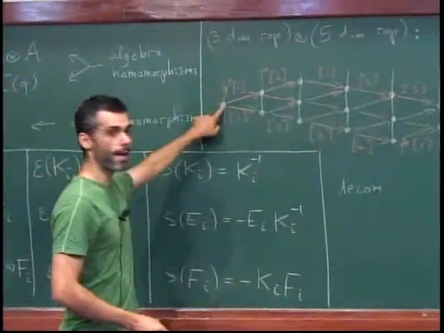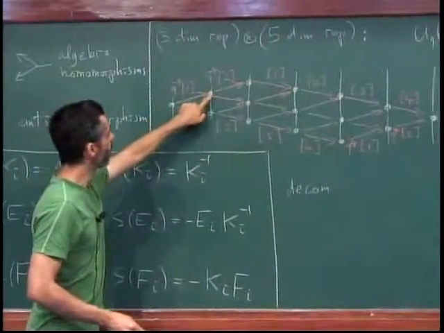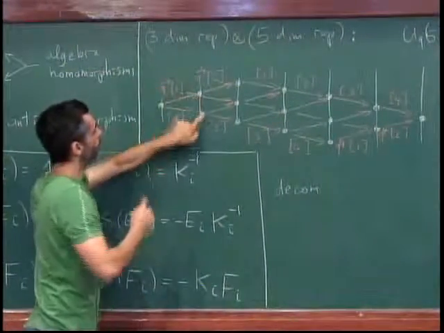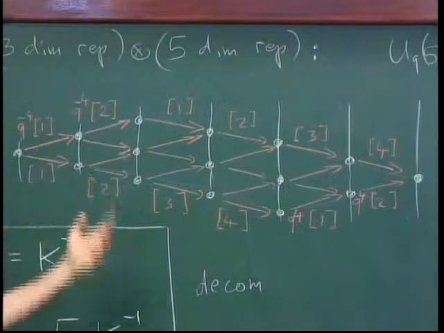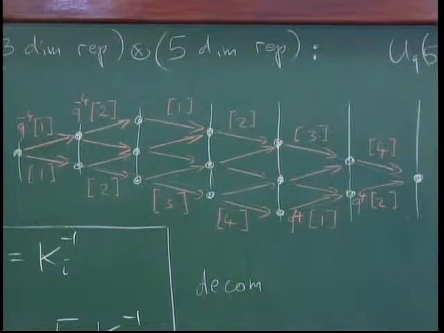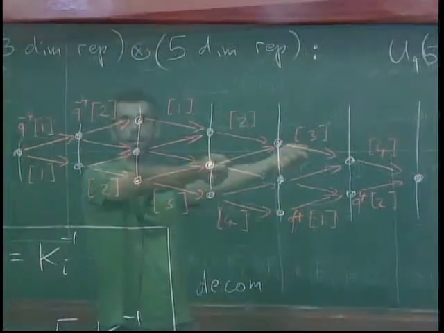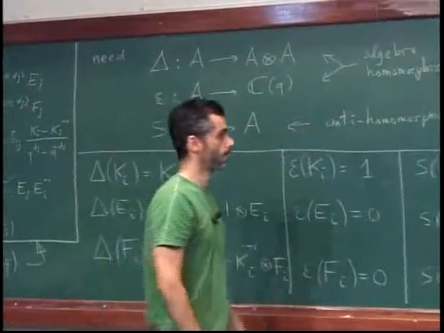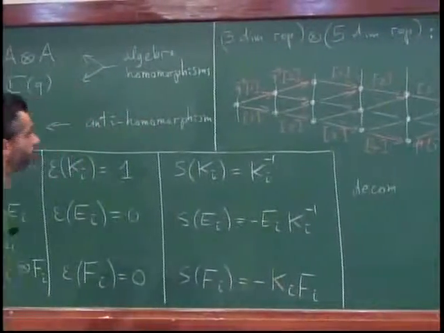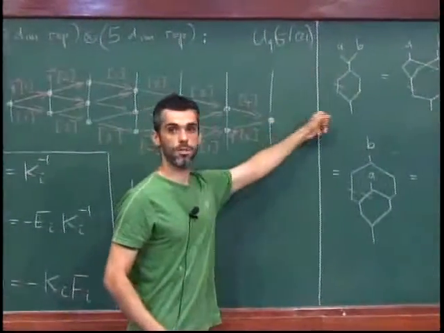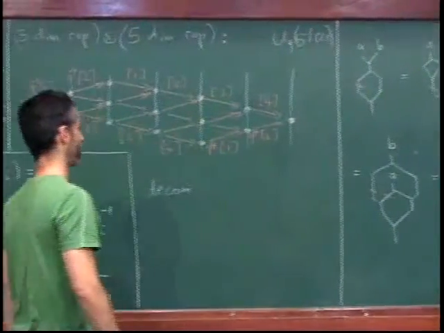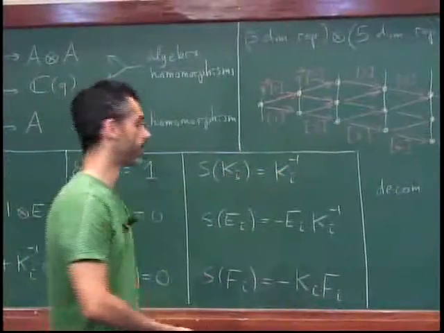So this basis vector goes to that basis vector times this factor plus that basis vector times that factor. So this is a notation for sending basis vectors to linear combinations of other basis vectors. This basis vector goes to 0 because there's no arrows going out of it.